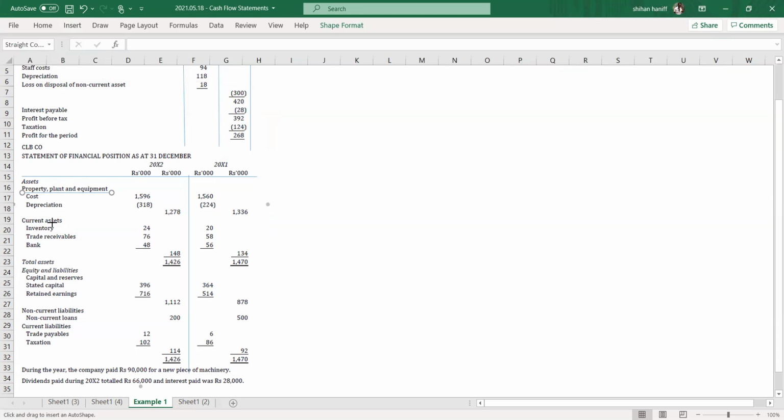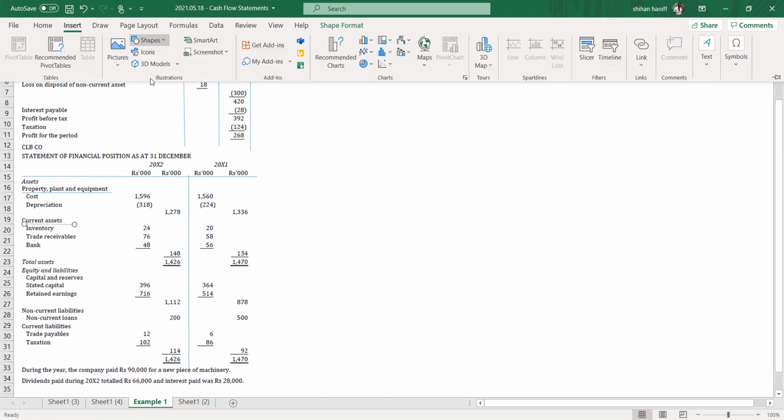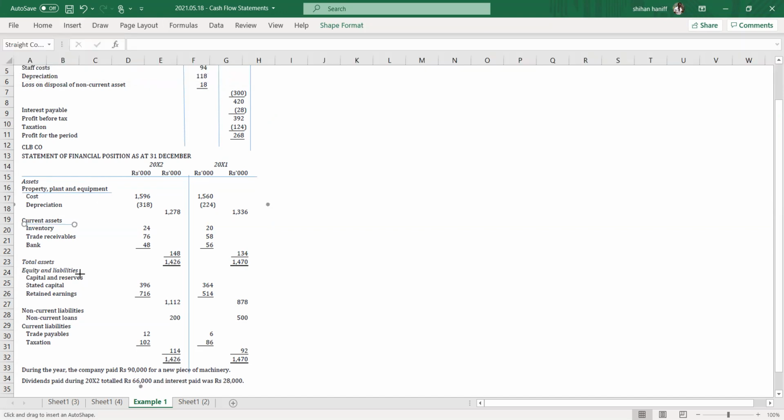And current asset. Then we have equity and liabilities. Under that, capital and reserves. Then non-current liabilities. And current liabilities.